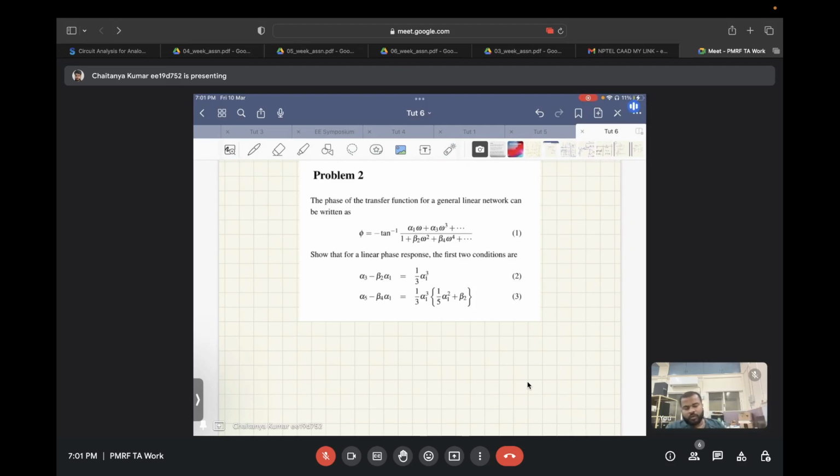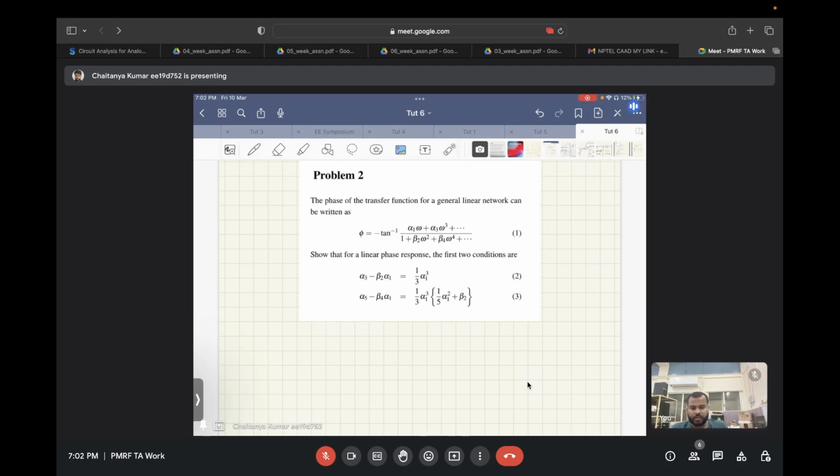What you need to do is make the first derivative constant. It should have no omega in it. So one by one, you should make the coefficients of each omega power that is not equal to zero, all those coefficients, as zero.